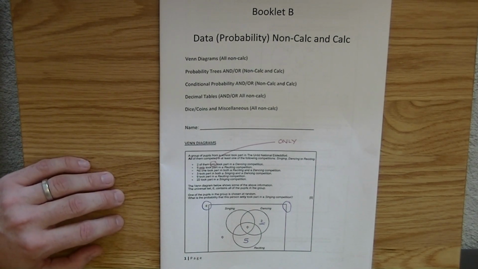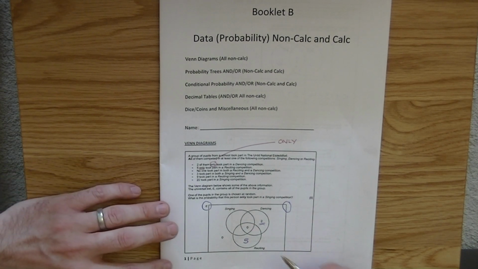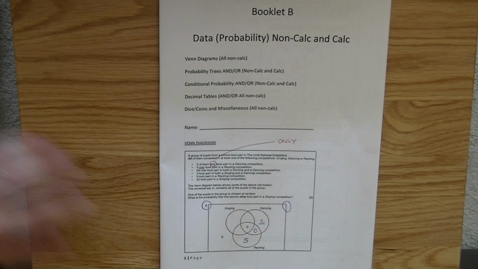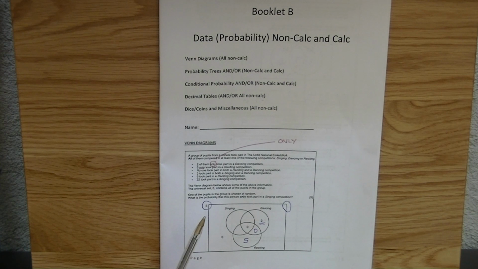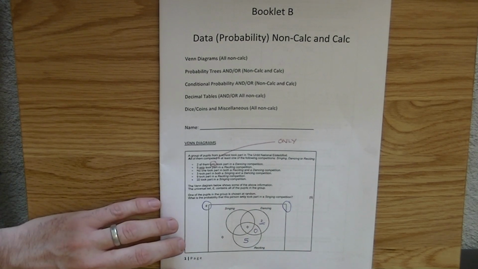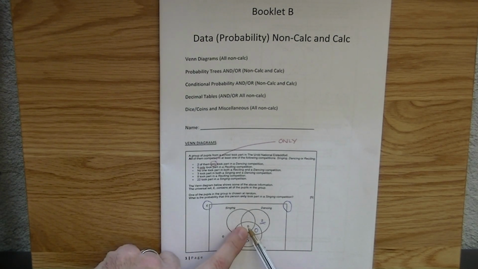No one took part in both a reciting and dancing competition, so there is nobody in here. Now this is the interesting one. 3 took part in both a singing and a dancing competition. Now, you'd naturally go and put the 3 there. And in this case, you'd be correct. However, you're only correct because there's nobody in there.